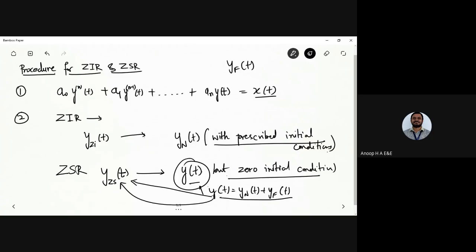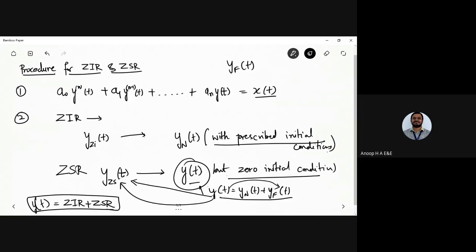So y of t will have the forced response of the system present there, right? With zero initial conditions applied to the output of the system, you get the ZSR. So the output y of t would be equal to ZIR plus ZSR.